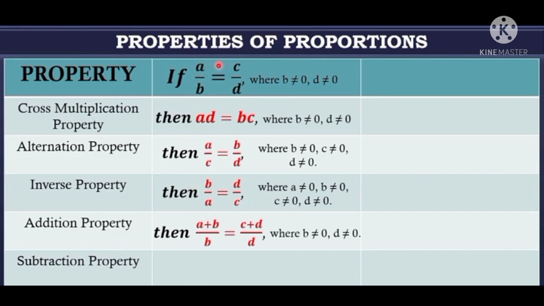So, we have A plus B over B is equal to C plus D over D. And for the subtraction property, we just change this to minus. We will just subtract. So, A minus B over B is equal to C minus D over D.